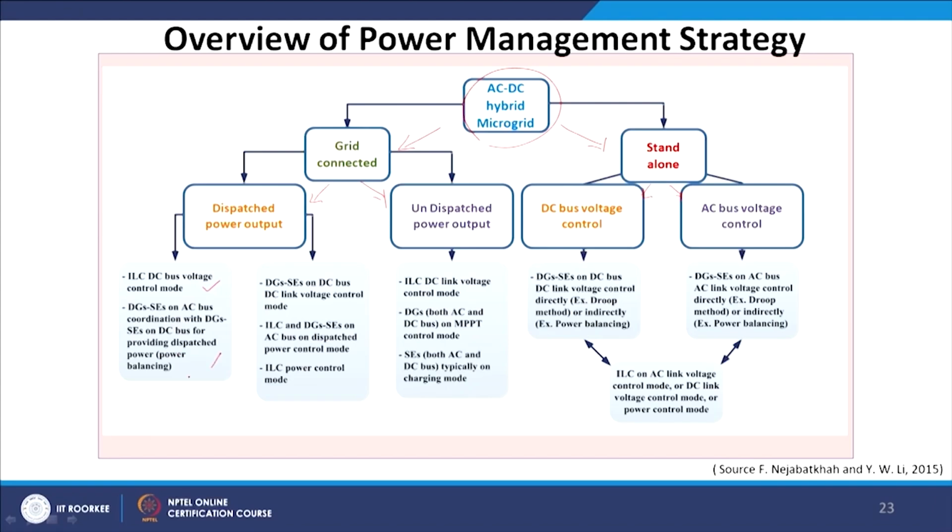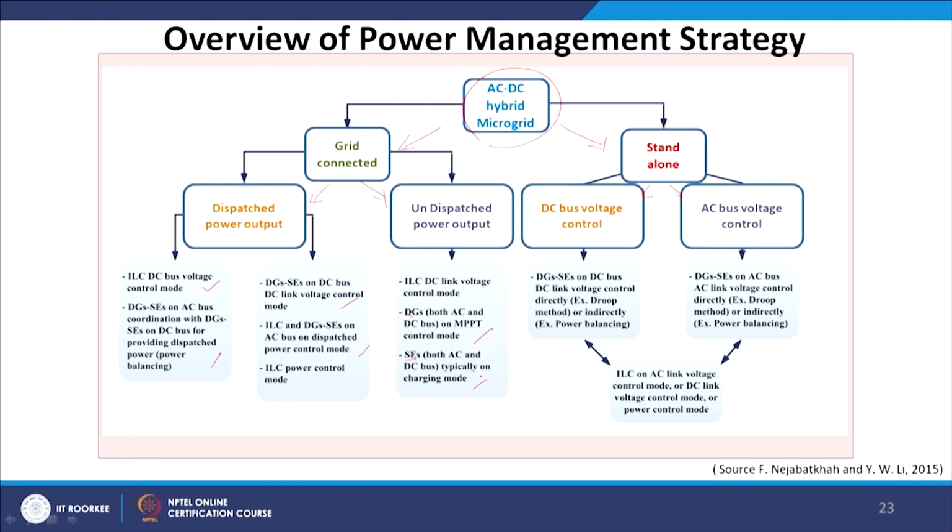So, we can operate in this mode, or distributed generation and storage elements on DC bus in DC link voltage control mode, with interlinking converters and distributed generators and storage elements on AC bus in dispatch power control mode. In case of undispatched, your interlinking converter is in DC link voltage control mode, distributed generation on both AC and DC bus is in MPPT control mode, because we do not allow them to vary much, and the storage element is typically in its charging mode.